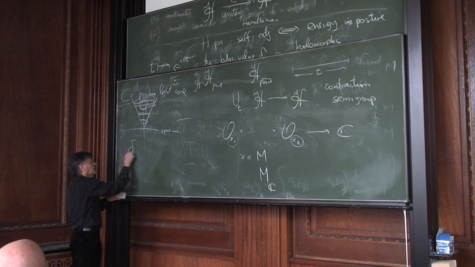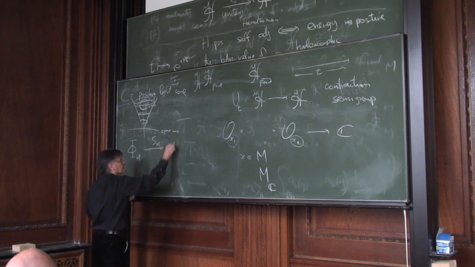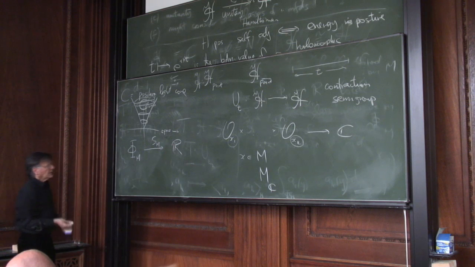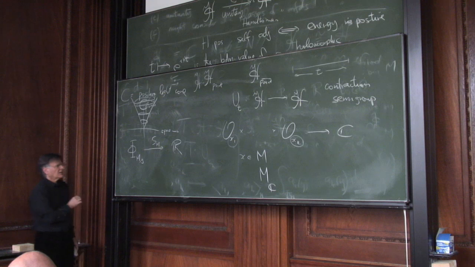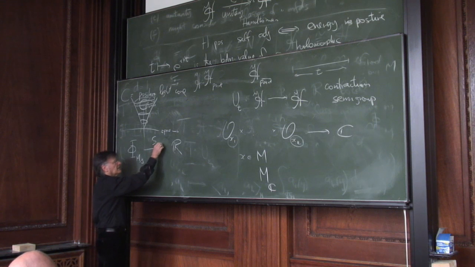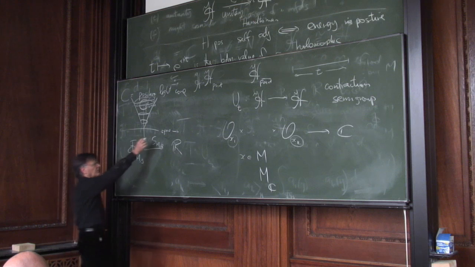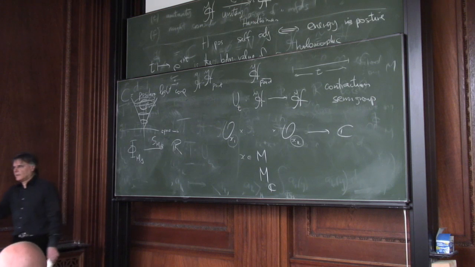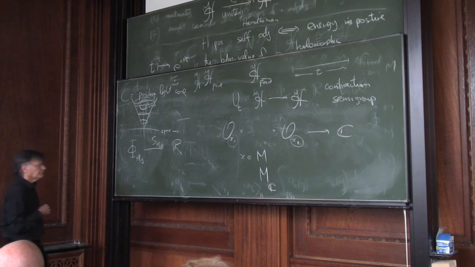Remember our mythological picture where we have a space of fields and functions. And we should think of this as being a Riemannian manifold, so it's equipped with a Riemannian metric G. And we should think of the action of a field as something which we calculate using the Riemannian structure.